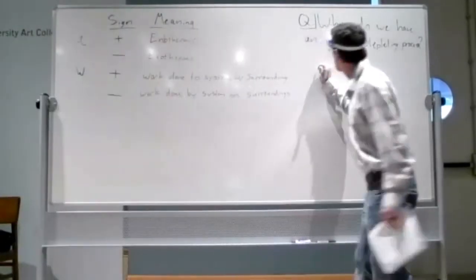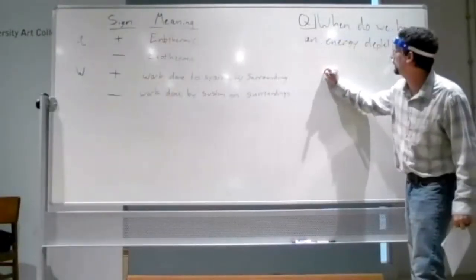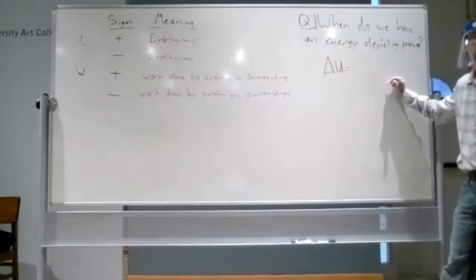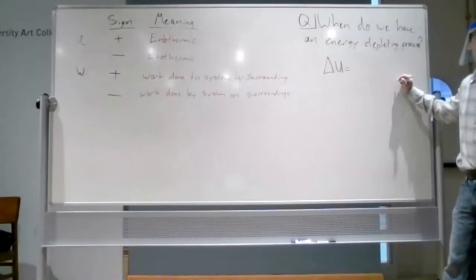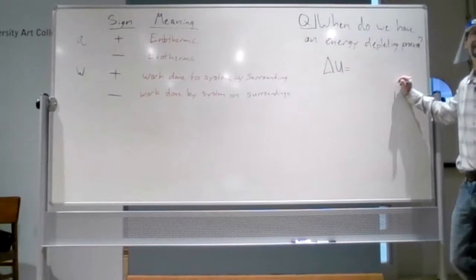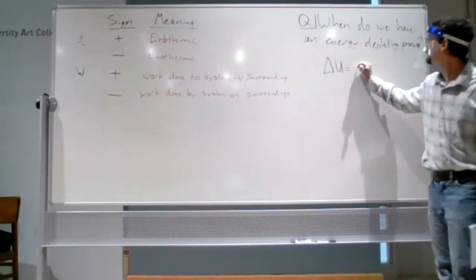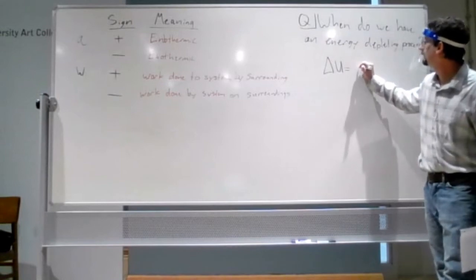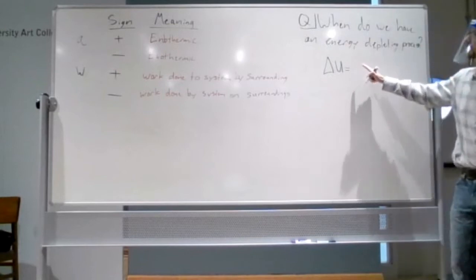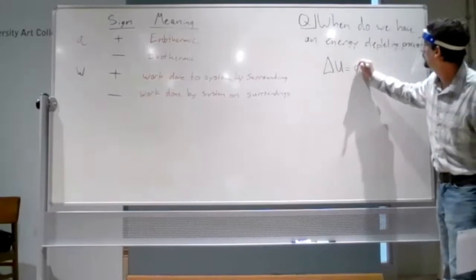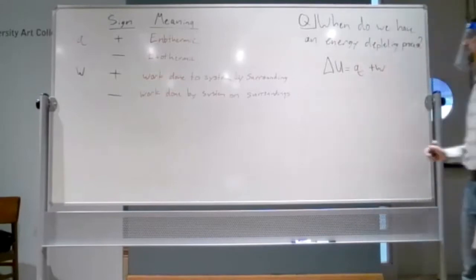We have the first law of thermo states what? Delta U is equal to what? We just talked about it. Sierra, what do you think? That is true, but I want to utilize these things. I want to talk about heat and work. So we got those two things.